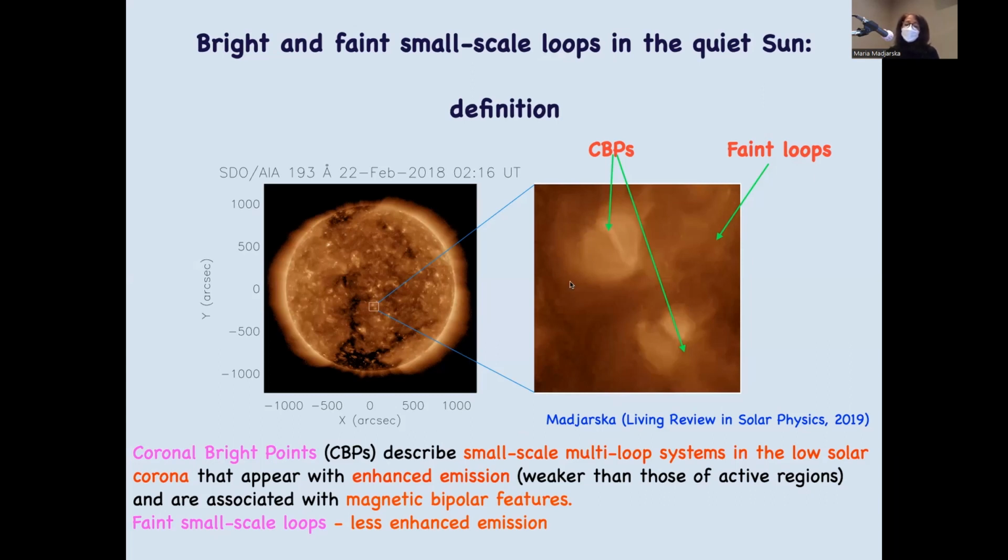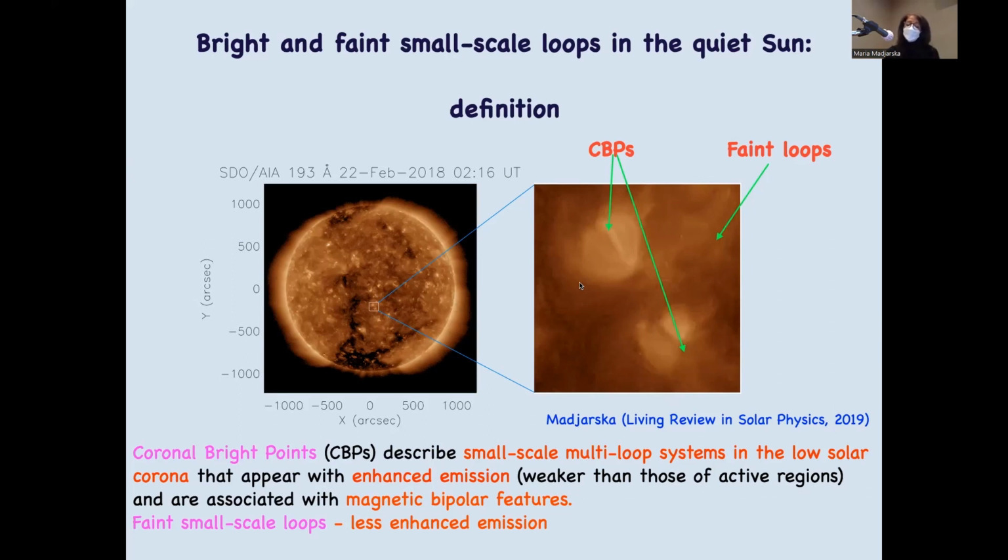On the left side, you see a similar image to what I showed before, just taken at a different time. And on the right side, it's written CBP. After UV observations started, we actually introduced the term coronal bright point, not X-ray bright point. The reason was that we were observing this phenomenon also in UV at lower temperatures, at 1 million and 2 million degrees, even lower.